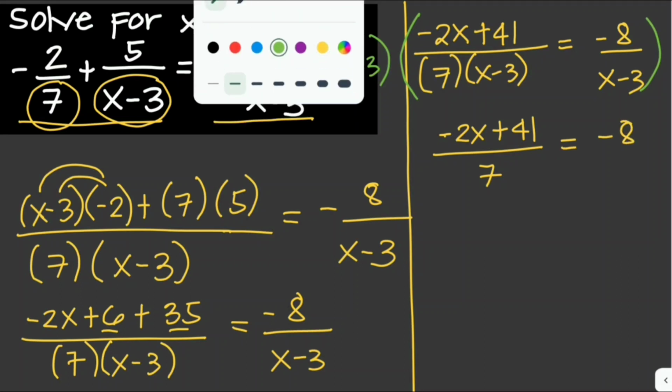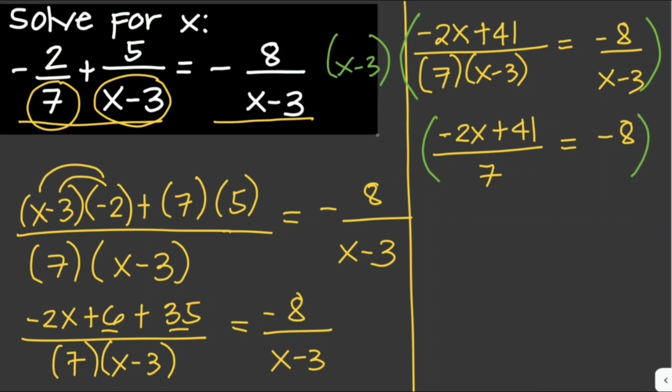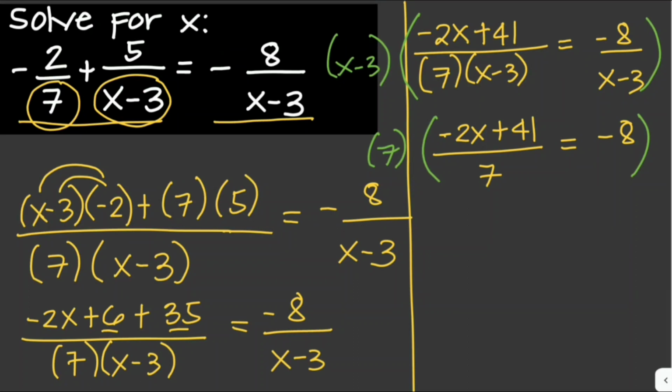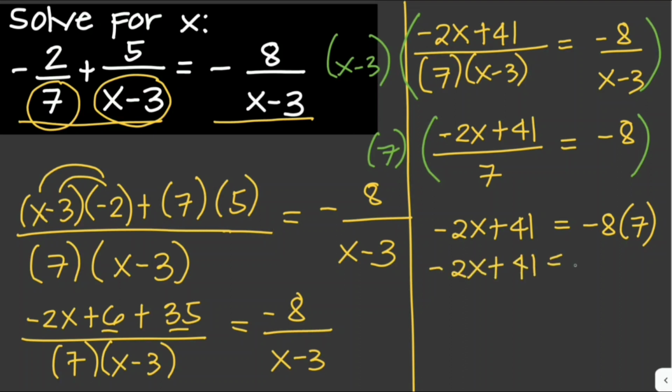And then multiplying both sides by 7, okay, and we have negative 2x plus 41 equals negative 8 times 7. Okay, and then negative 2x plus 41 equals negative 56.